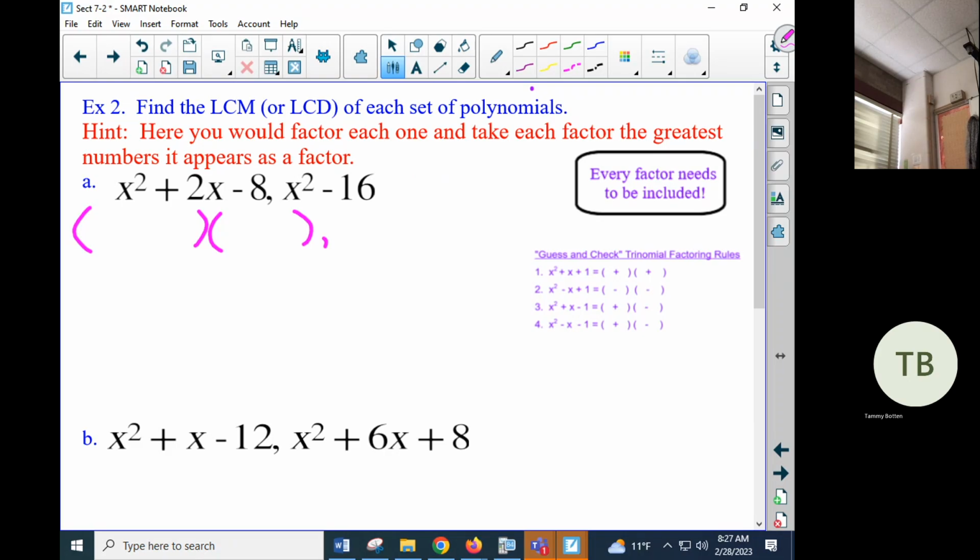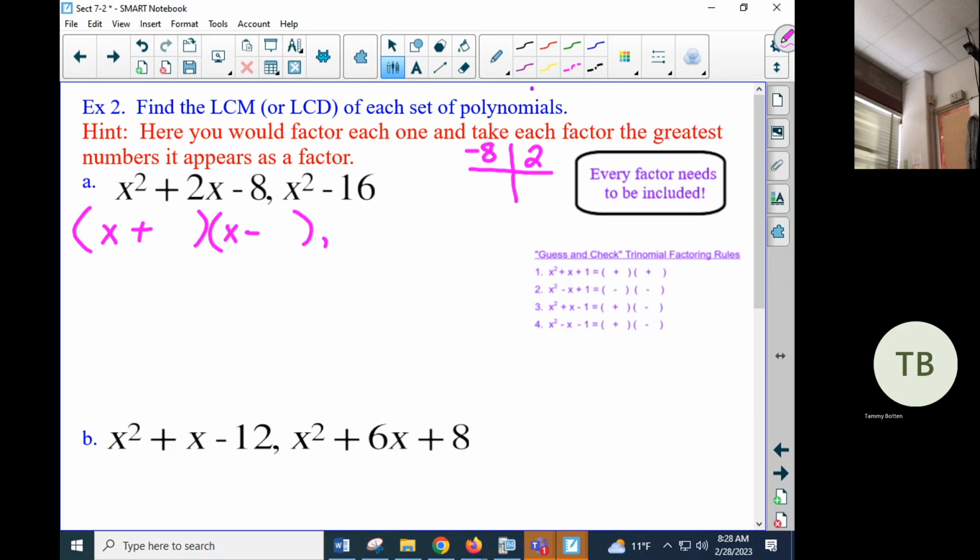Remember, if you do that shortcut, what you can do is look at this and it has a plus and then a minus. So that tells us one is plus and one is minus. That's x squared. This is x and x. And I don't have that table drawn here, but basically what we need is two numbers that multiply to give us a -8 and add to give us 2.